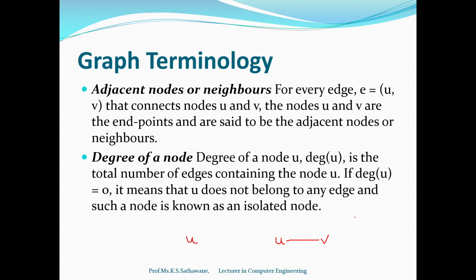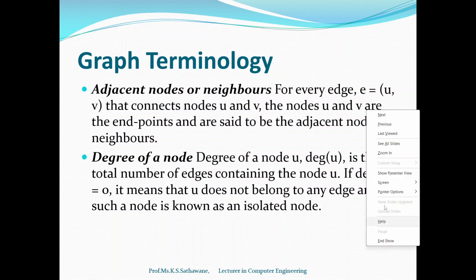Now let us move on towards the terminologies of the graph. So what are adjacent nodes or neighbors? For every edge E equals U comma V that connects node U to V, the nodes U and V are the endpoints and are said to be adjacent nodes or neighbors.